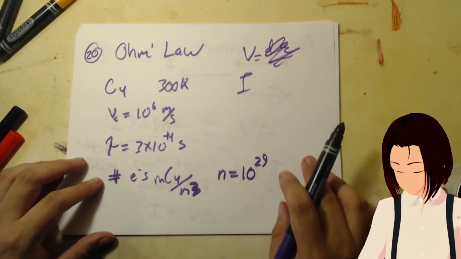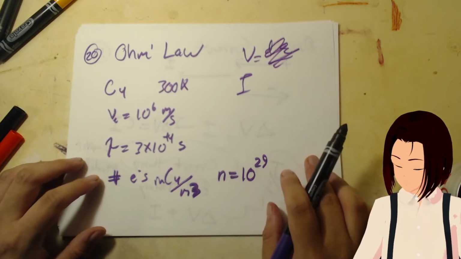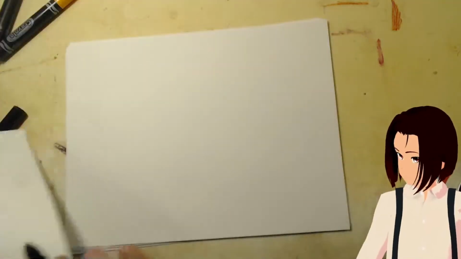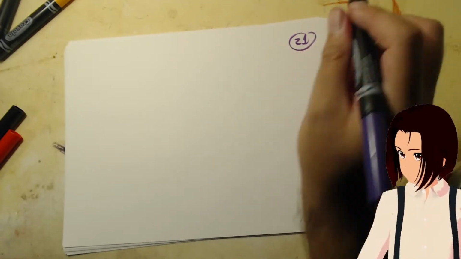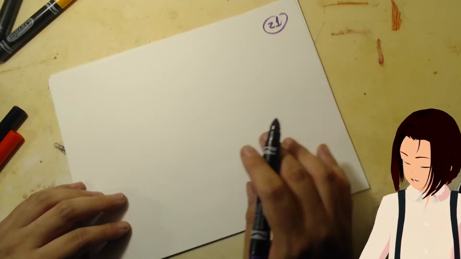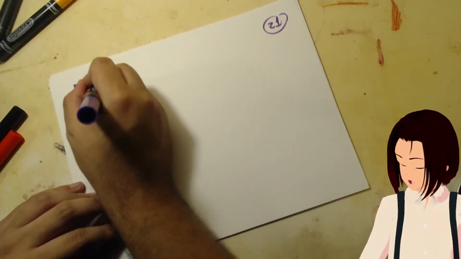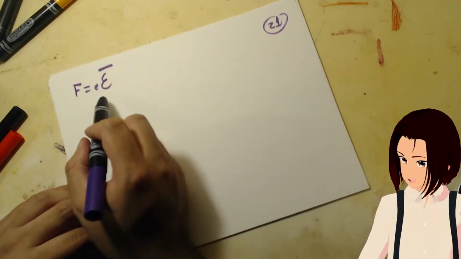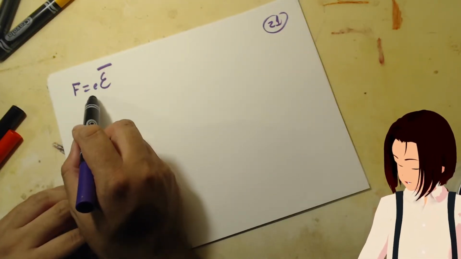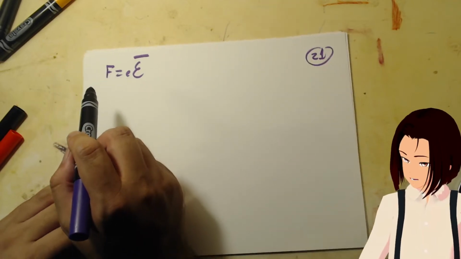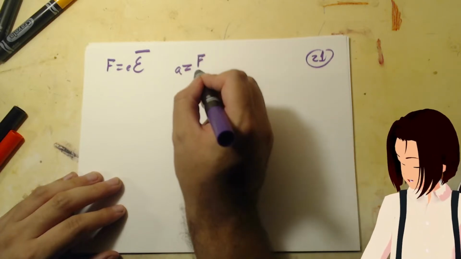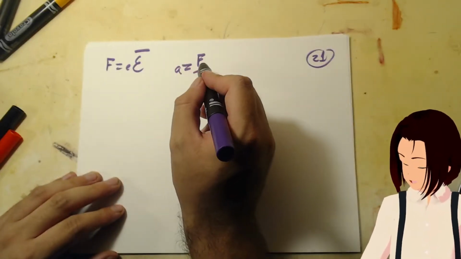So force is equal to the charge of an electron multiplied by the electric field, where e is the charge of an electron. And acceleration is that force divided by the mass of an electron.